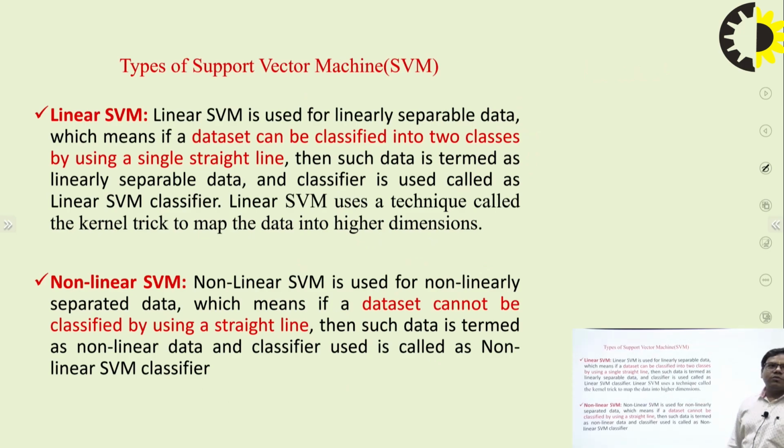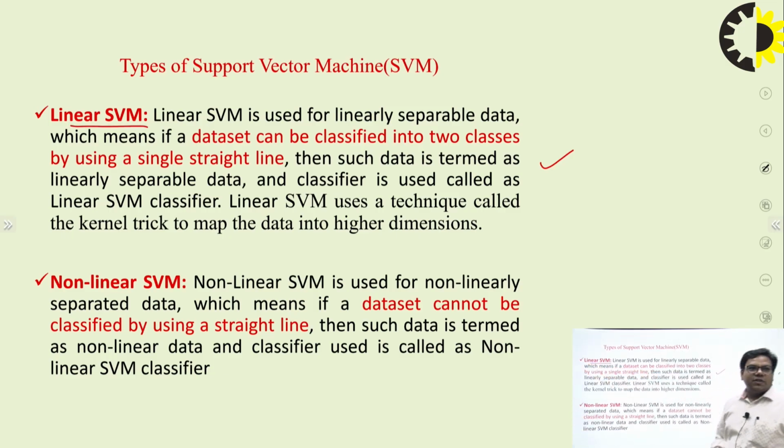Now we talk about the data on which SVM can be applied. It could be a linearly separable data set, meaning if there are 2 or more classes, they can be separated in the feature space using a straight line. For that we can utilize linear SVM.